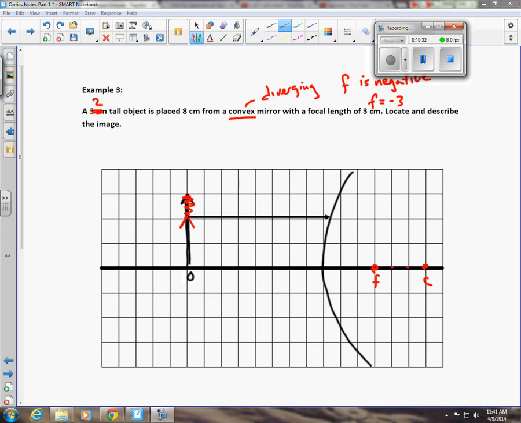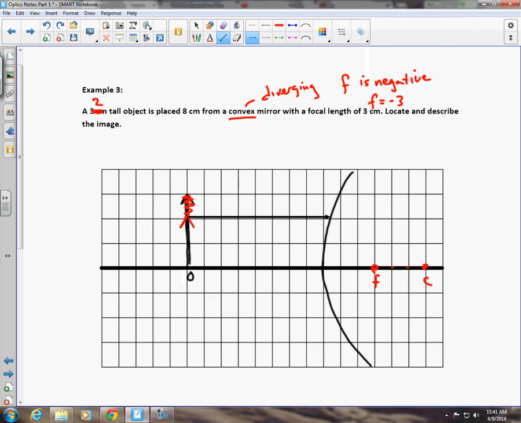That one this time, since it's diverging, instead of bouncing down toward the focus, it's going to go away from the focus. So I'm going to do a dotted line until I get to the surface, and then a solid line going away from there, like so. So the light travels to the right, parallel, hits the mirror, and bounces away from the focus.